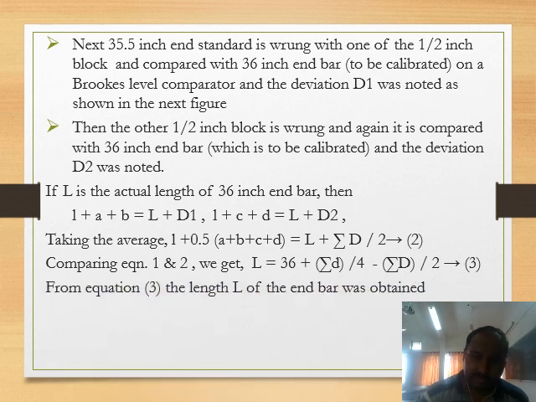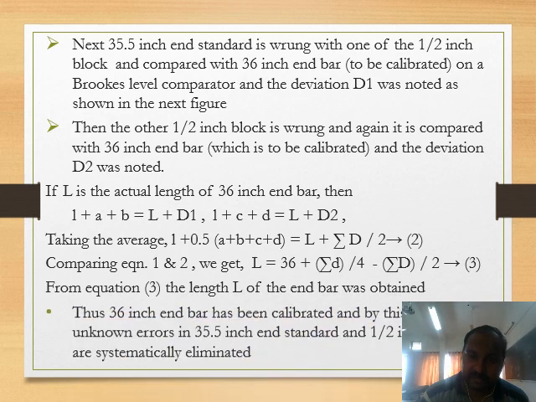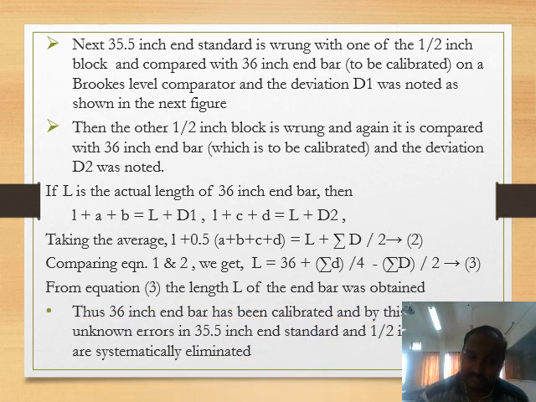So from equation 3, the length of the end bar can be obtained. Thus the 36-inch end bar has been calibrated, and in this way unknown errors in the 36-inch end bar and the 1/2 inch blocks are systematically eliminated.